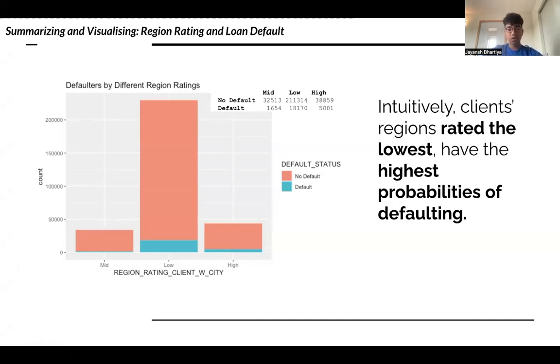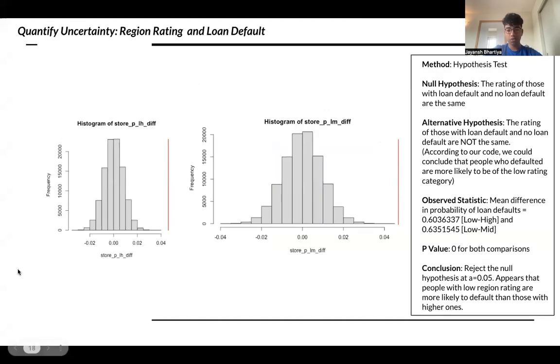And we also ended up studying the uncertainty involved with this kind of association. Basically, we did two hypothesis tests comparing people who were rated low in terms of their living region with those with the higher ones, and the lower with the medium ones. Our null hypothesis was that the rating of those with loan default and no loan default are the same.